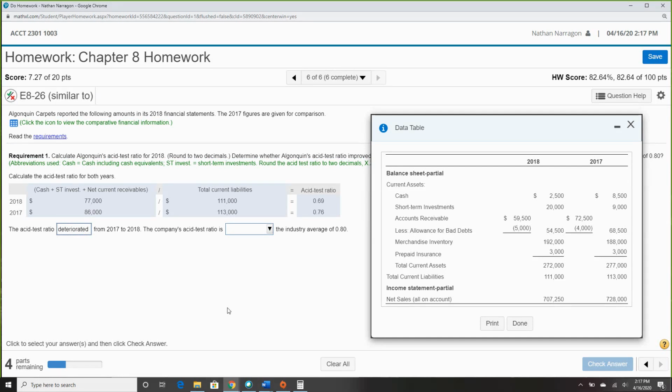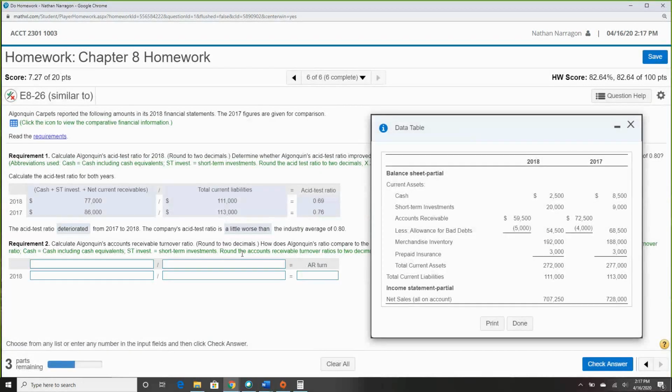The percentage went down, or the decimal went down. The company's asset test ratio is linked to the industry average of 0.8. It's going to be a little bit worse then.